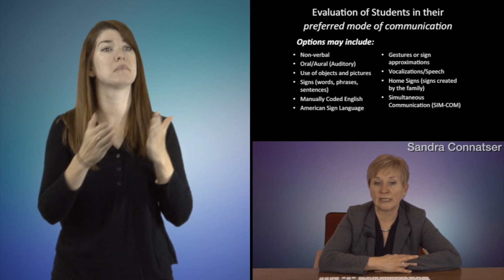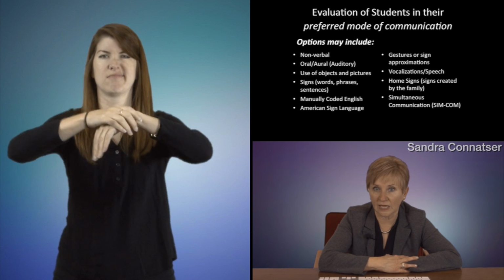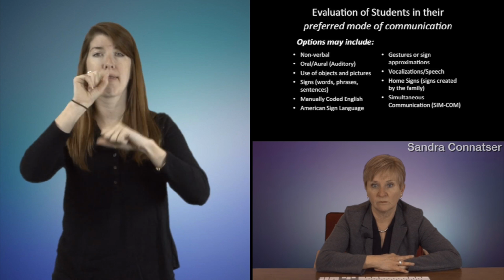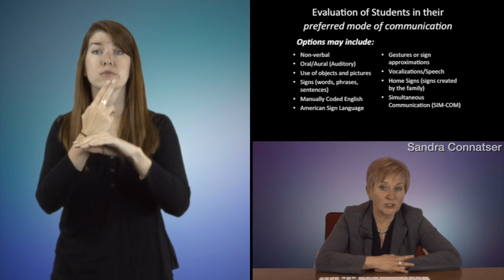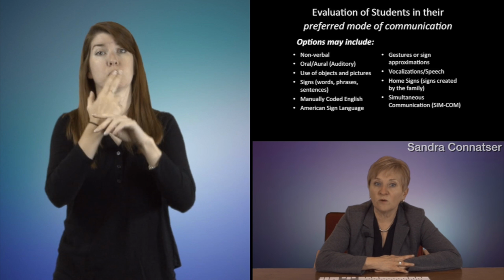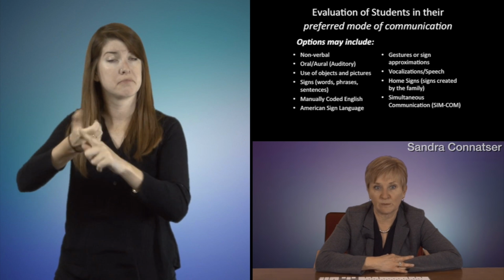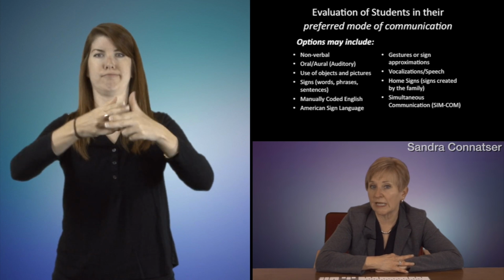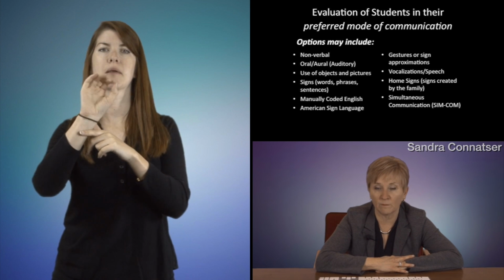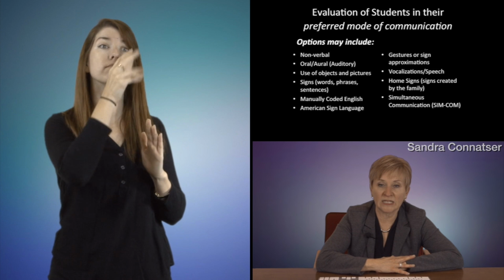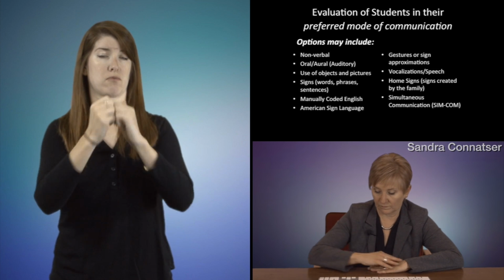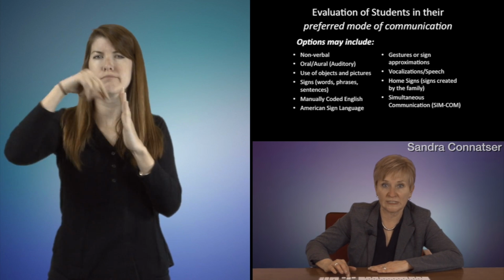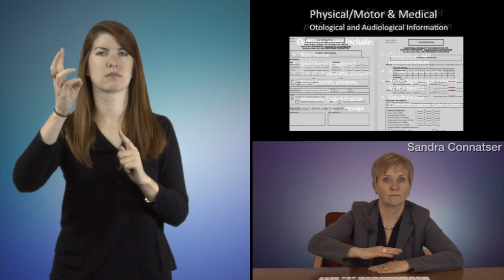It could be manually coded English, American Sign Language, or it could be gestures or sign approximations. A student may use vocalizations or use home signs that have been created by the family. There may also be a form of communication that is simultaneous communication, known as SIMCOM, when voice and signs are used together. Again, these will be discussed in more detail in Module 6.